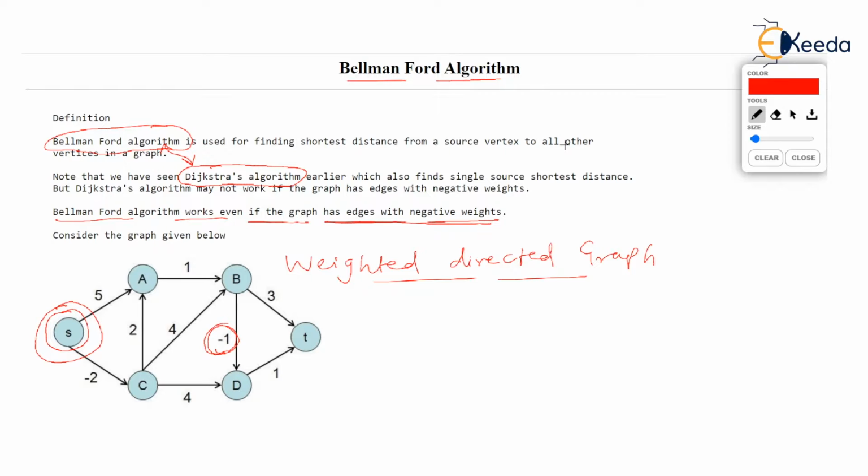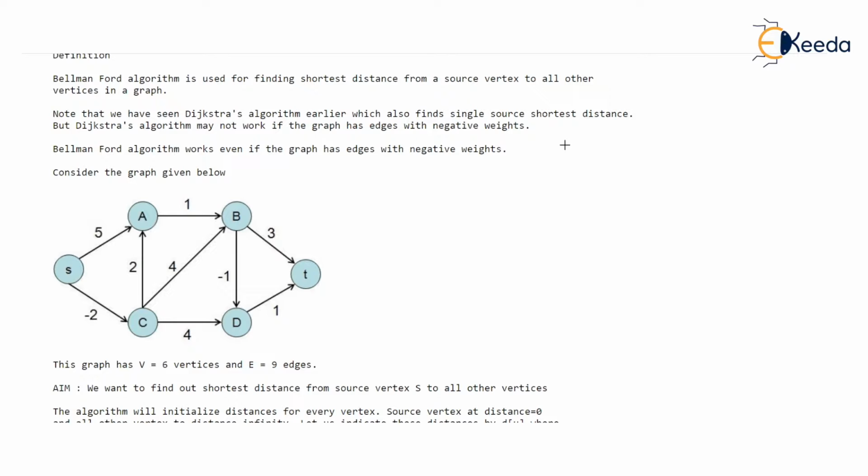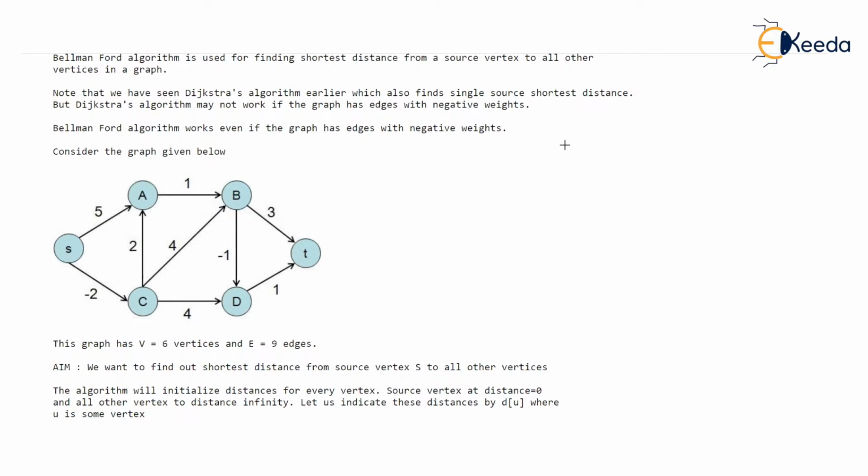Now, we have taken this graph for an example, but Bellman-Ford algorithm still has a problem. There is one disadvantage of Bellman-Ford algorithm, which I will discuss later on. But trust me, for this graph there won't be any problem, and Bellman-Ford algorithm will find the shortest distance from this source S to all other vertices.